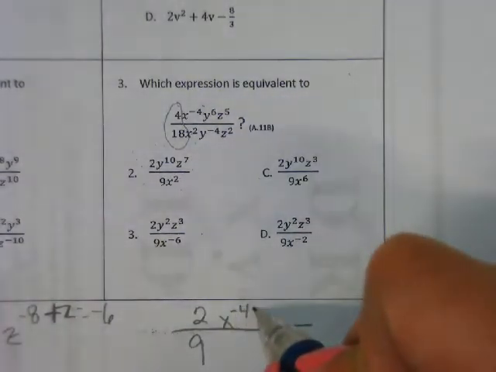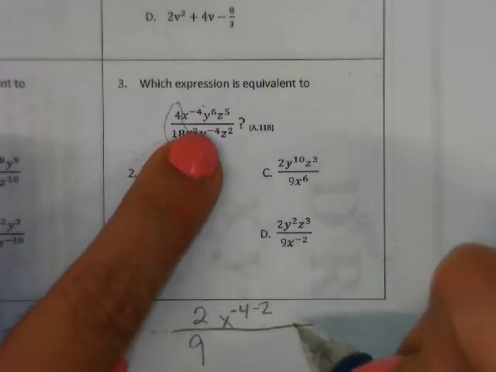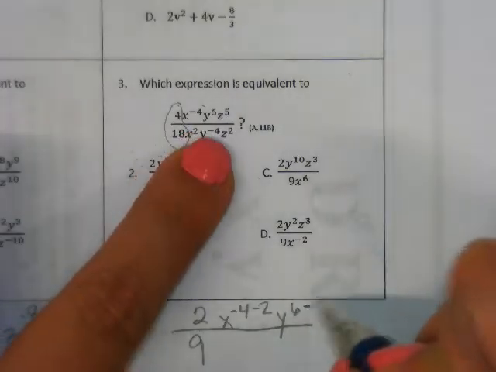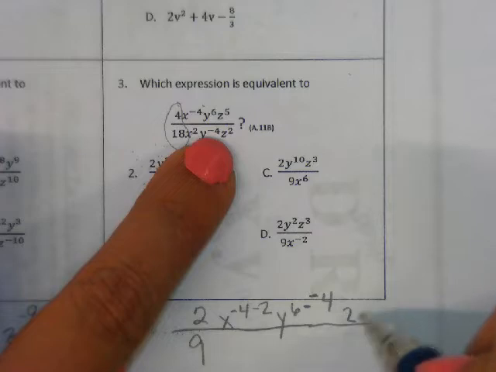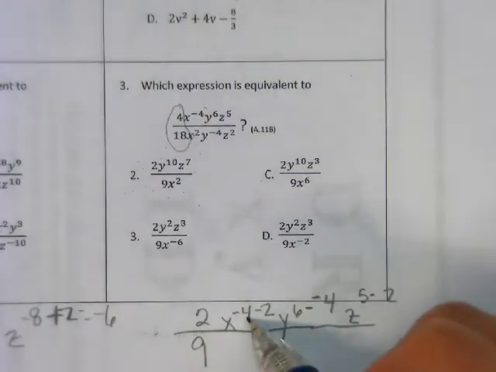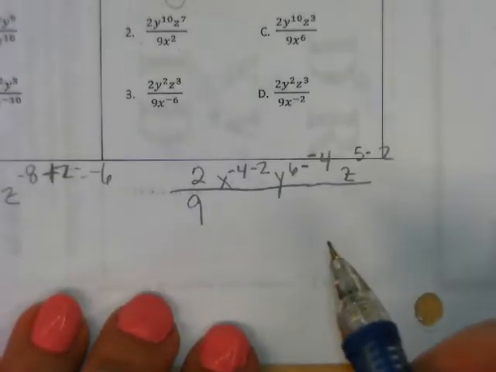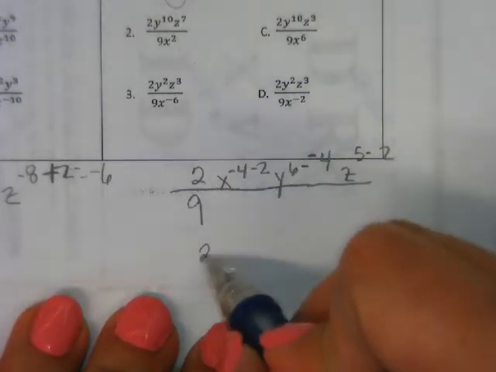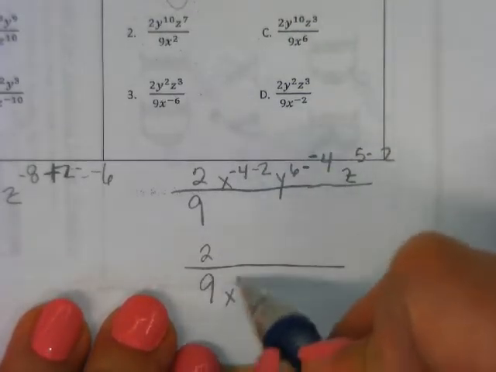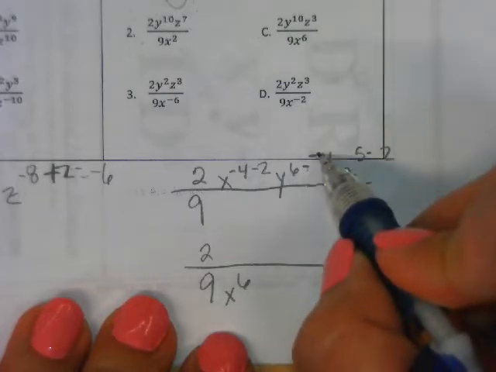X to the negative 4 minus 2. Y to the 6 minus the negative 4. Be very, very careful there. And Z to the 5 minus 2. So what's a negative 4 and a negative 2? Negative 6. Where do negatives go? On the bottom. What happens with this double negative here?